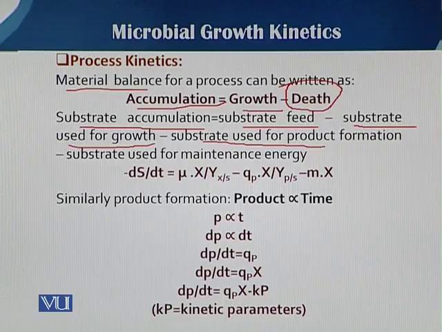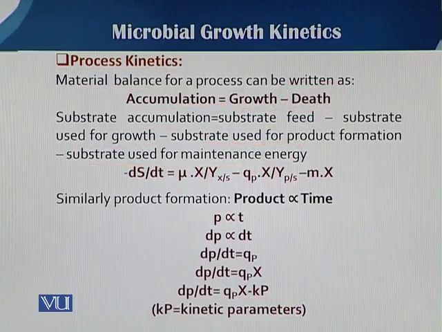As we know, in some kinds of fermentation, biotransformation occurs, in which the substrate is directly converted or biotransformed into the product, and then some substrate is also used for maintenance of energy.